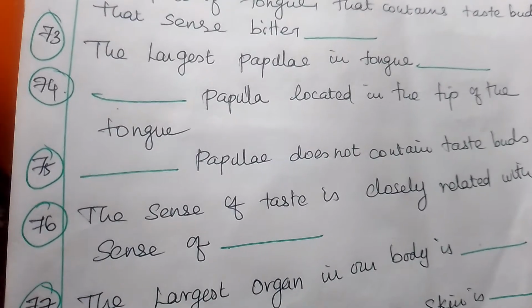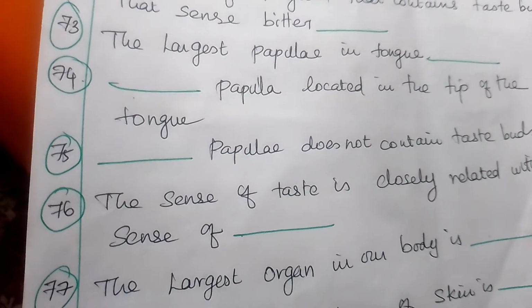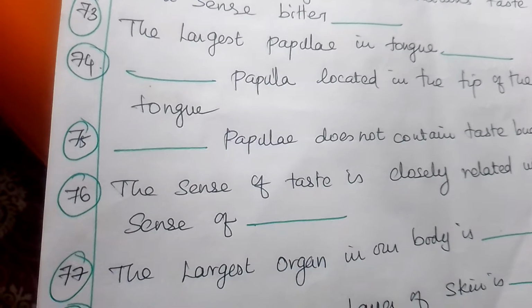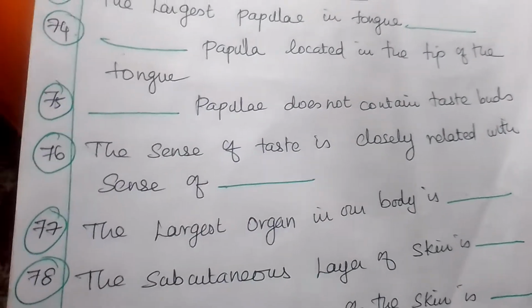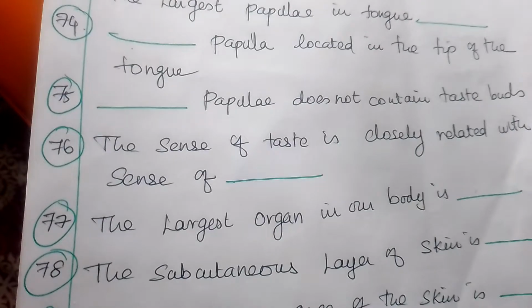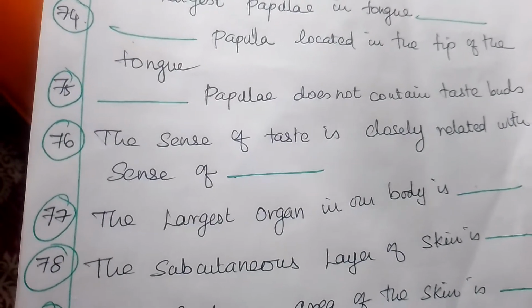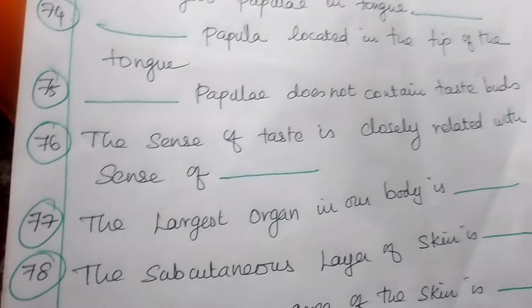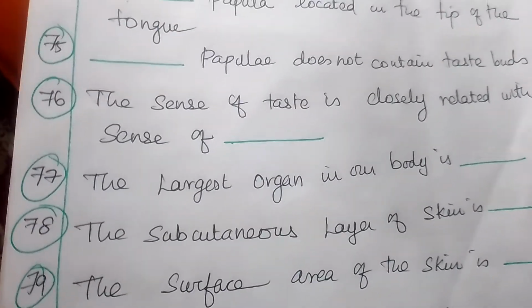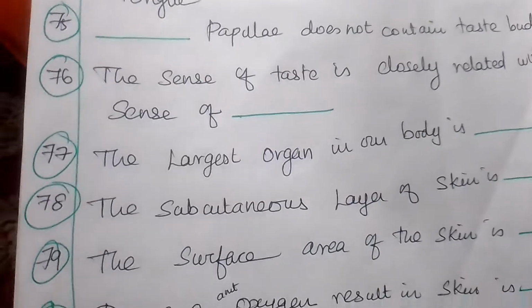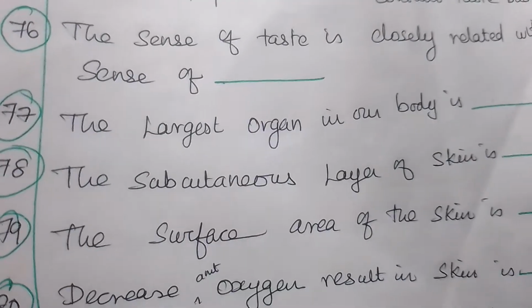Dash papillae located in the tip of the tongue are called filiform papillae. Dash papillae do not contain taste buds. Yes, again the answer is filiform papillae. The sense of taste is closely related with the sense of smell.